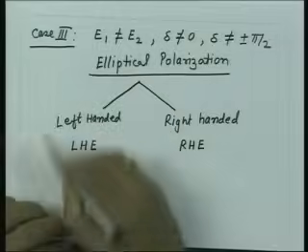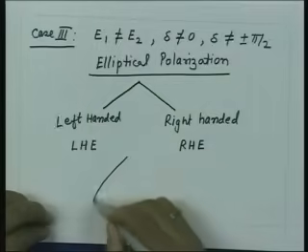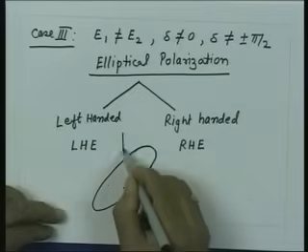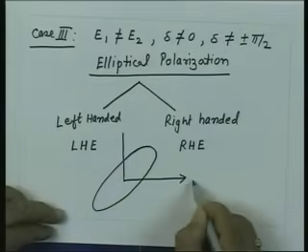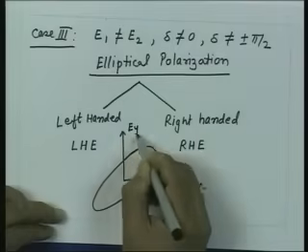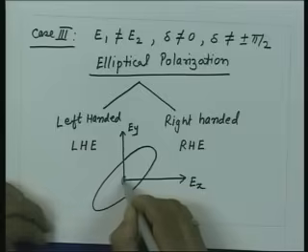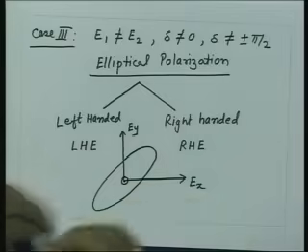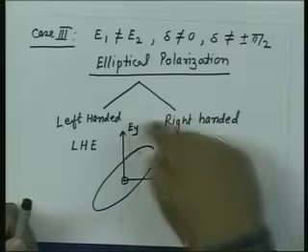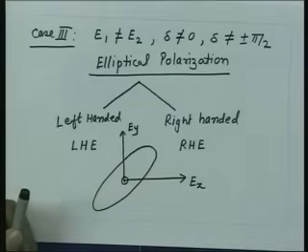So, in general, in this case the shape drawn will be an ellipse. This is your Ex, this is your Ey, and this is the direction of the wave which is coming out of the paper. So, if the ellipse is drawn like that in the anti-clockwise direction, then that will be right-handed polarization.